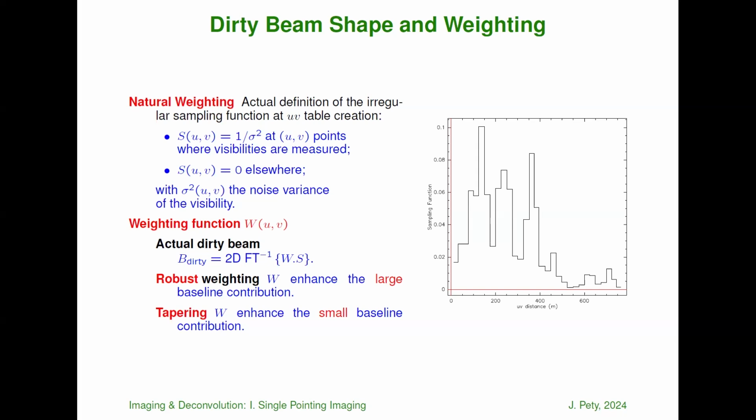But why not continue, and instead of taking your sampling function defined like this, multiply it by another function, a weight? Why not? It's another mathematical trick. There are two possibilities: either robust weighting, which will enhance the large baseline contributions compared to the smallest ones, or tapering, which will do the opposite and enhance the small baseline contributions compared to the largest ones.